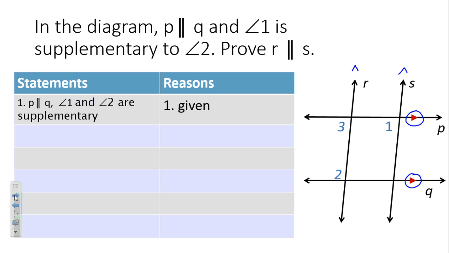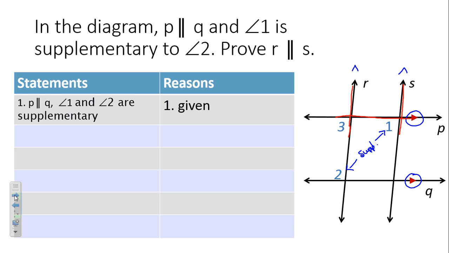They also told us that 1 and 2 are supplementary. So this one and this one are supplementary. And we're trying to prove R is parallel to S. We're working with this and this and this.